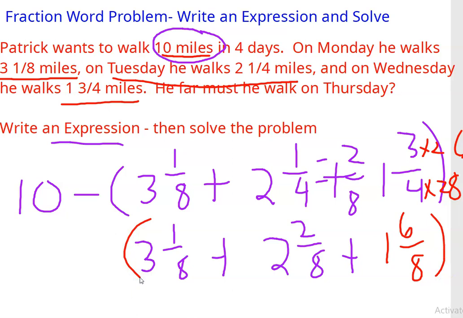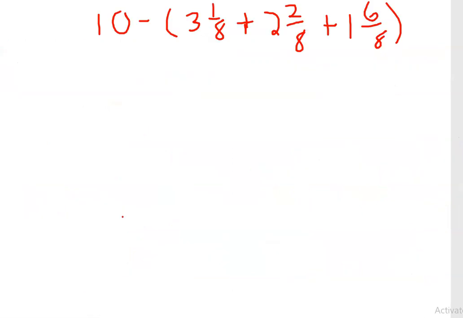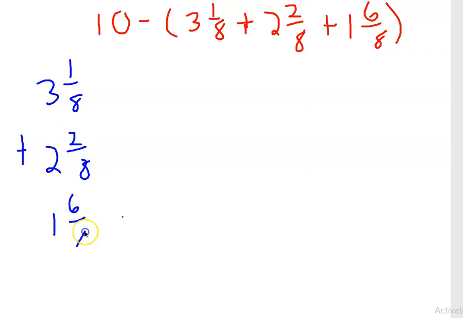So here's our problem here: 3 1/8 plus 2 2/8 plus 1 6/8. Okay, I just got rid of the words so that I could have some room to solve the problem. So I'm going to write this up and down. 3 1/8 plus 2 2/8 plus 1 6/8.